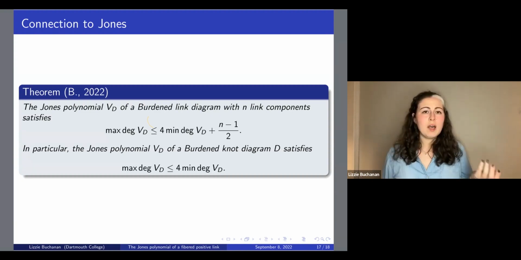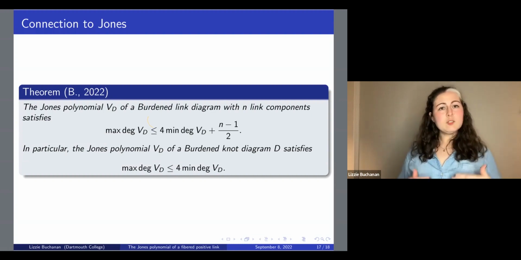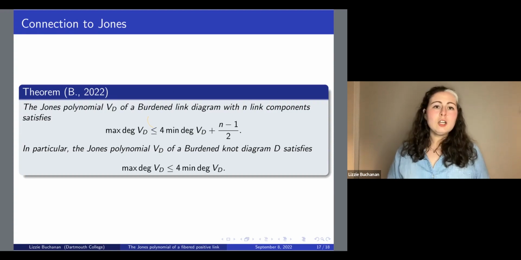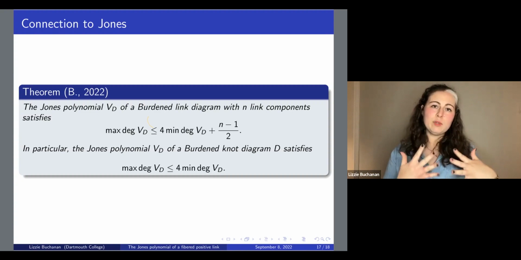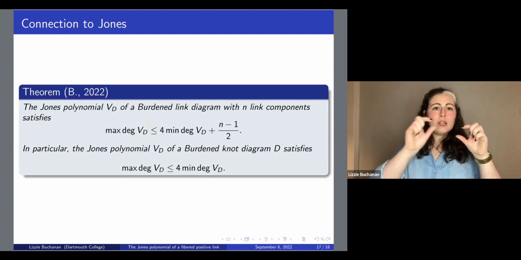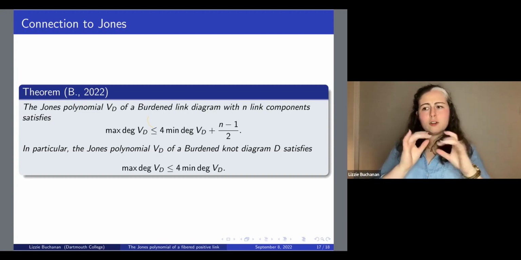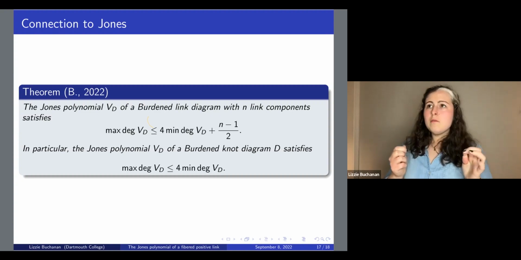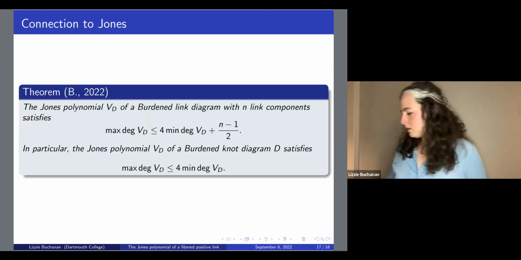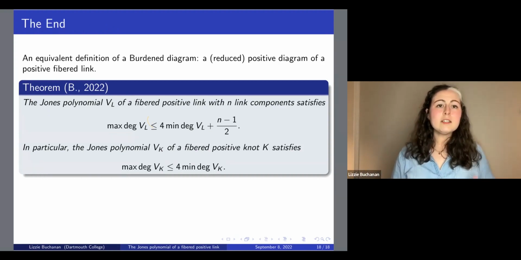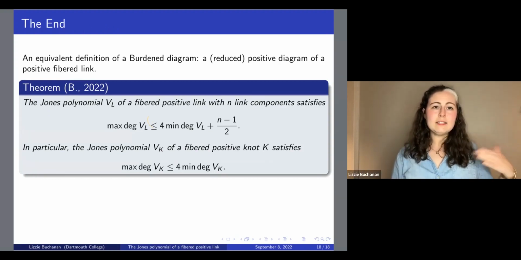And so then we also can pause and remember, okay, but the whole point of these burdened diagrams and these balanced diagrams was that actually, under the rug, what we were saying is these were diagrams of a positive fibered link. And the restrictions that we had, essentially excluding crossings in the A-state graph where there was just one edge, means that we don't have any nugatory crossings. So an equivalent definition of a burdened diagram is that it's a reduced positive diagram of a positive fibered link.